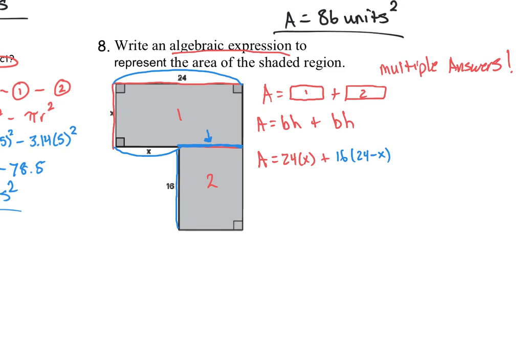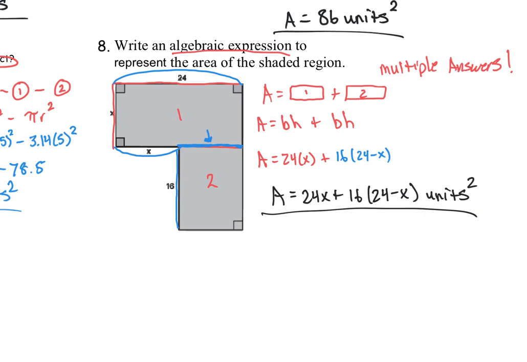So we put this all together. The area of this entire shape would be 24x plus 16 times 24 minus x units squared. And that would be the algebraic expression that would give us the answer to this problem. And that's it.